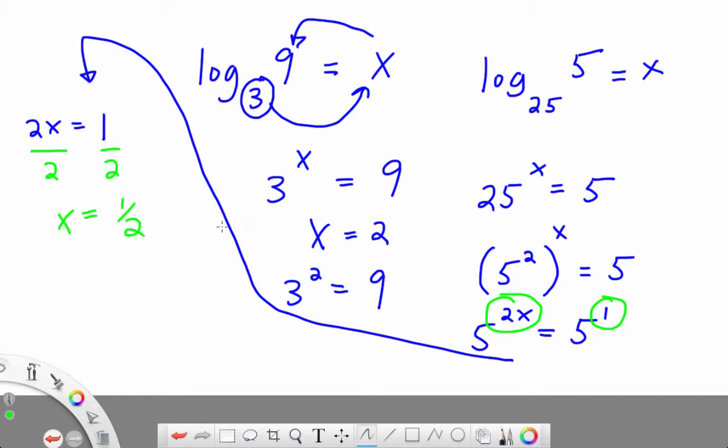So going back to this equation, we know that 25 to the 1/2 equals 5. And this shouldn't be a surprise because when you raise something to the 1/2 power, that's equivalent to taking the square root. And the square root of 25 is 5.